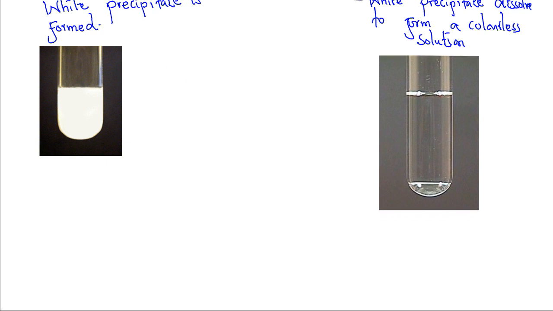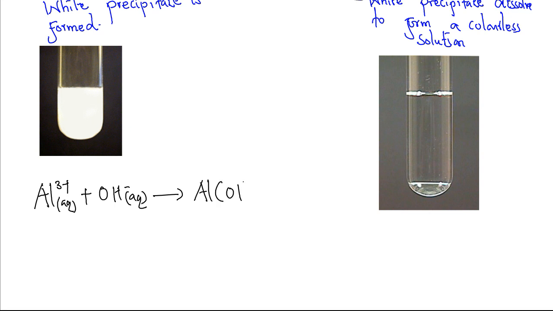So the reactions which take place here include the first one, aluminium ion, maybe from aluminium nitrate, reacting with the hydroxyl ion from sodium hydroxide to give aluminium hydroxide, which is the solid substance.